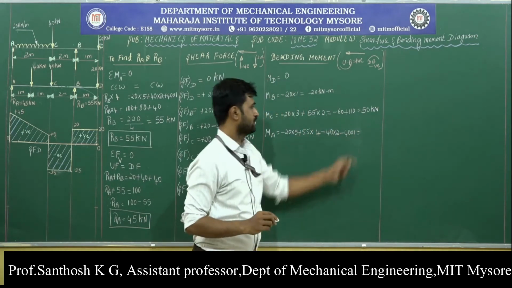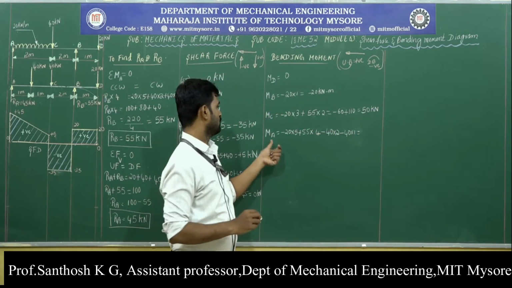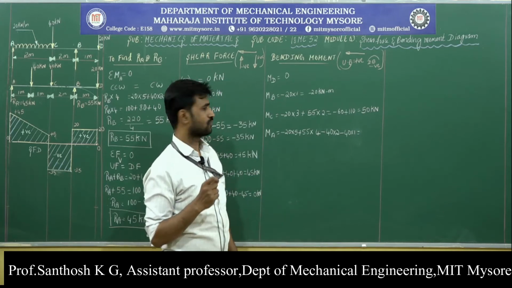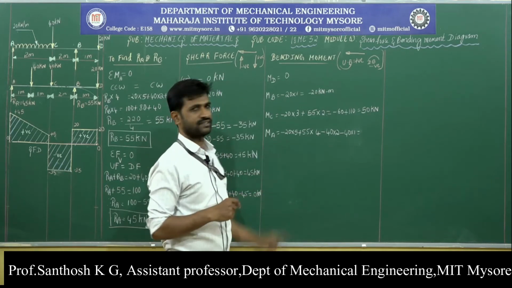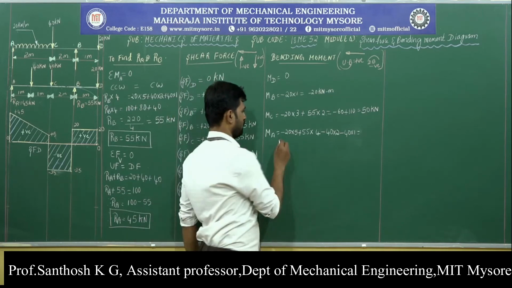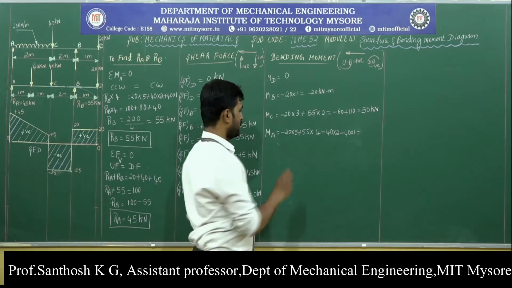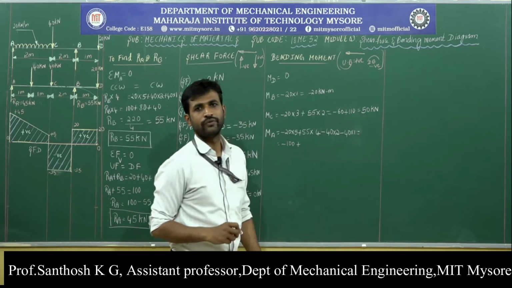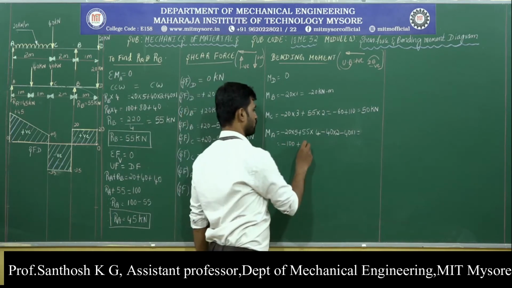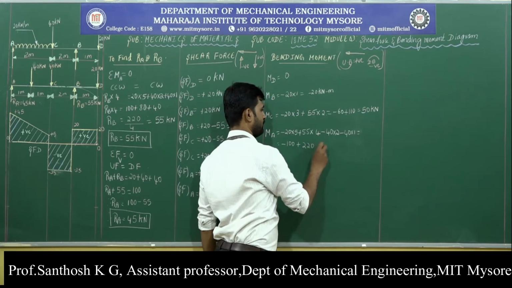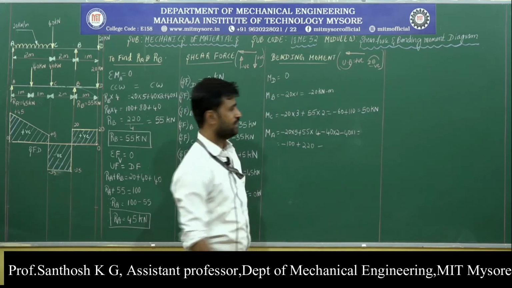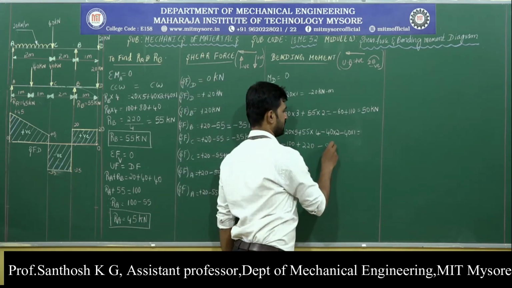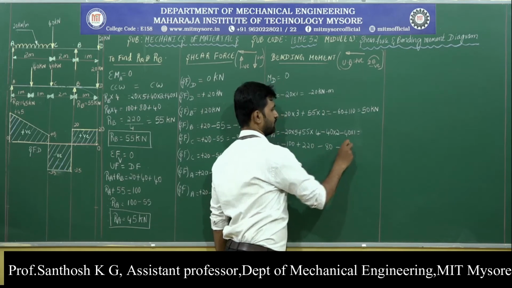If you add all these, you will get the total, or net, moment acting at point A. So, minus 20 into 5 is minus 100, plus 55 into 4 is 220, minus 40 into 2 is 80, minus 40.